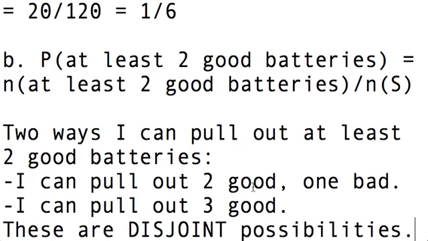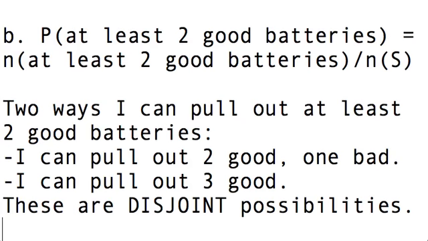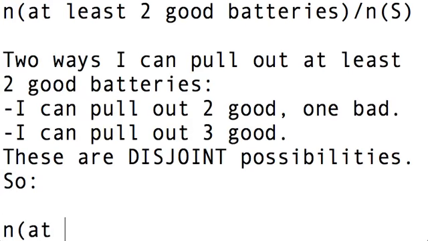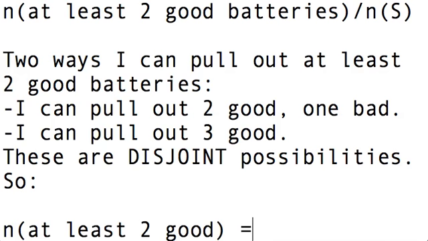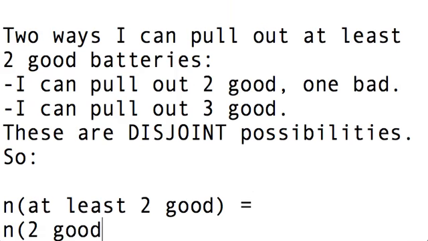If I pull out 2 good batteries and 1 bad, then I can't also have pulled out 3 good batteries. So that means that to count the number of ways of having at least 2 good, I add up the number of ways of having exactly 2 good and the number of ways of pulling out 3 good batteries. So I need to add these up independently.